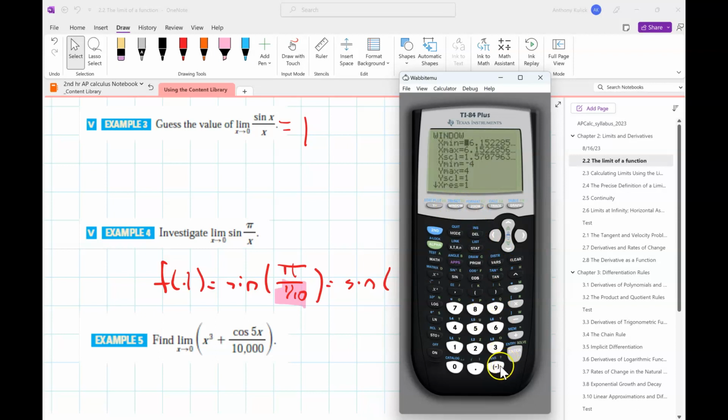Maybe we'll go from negative 0.5 to positive 0.5. Okay, if I look even closer, it kind of looks like it's crossing at zero, but we probably have to zoom in a bit more.